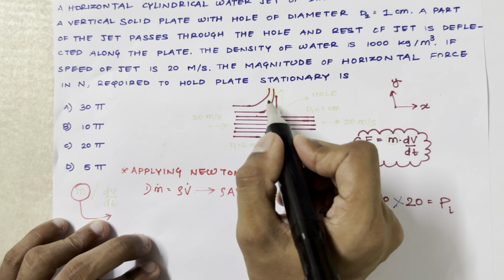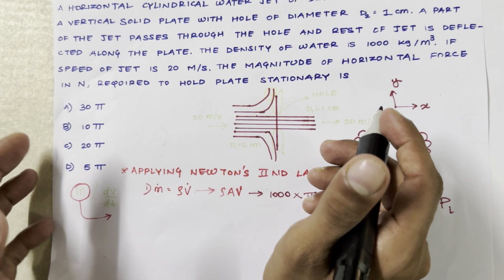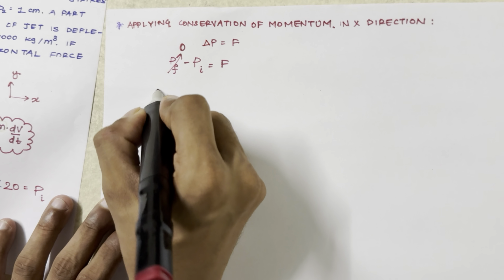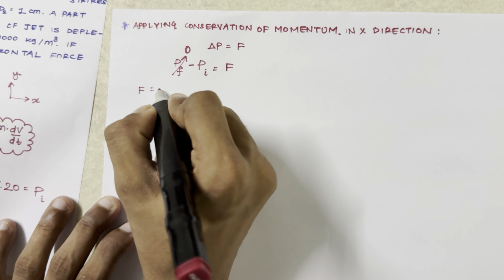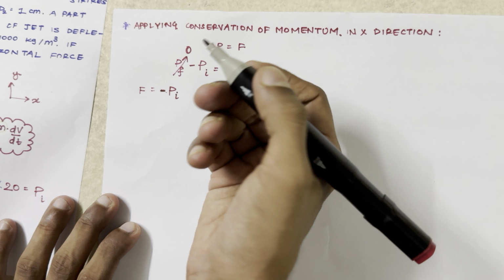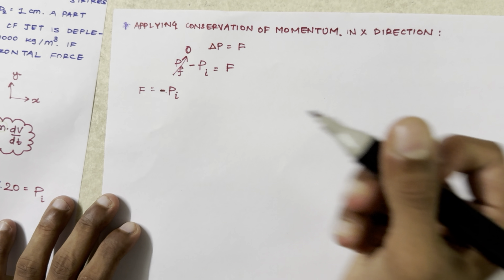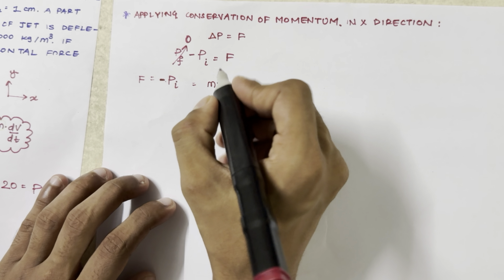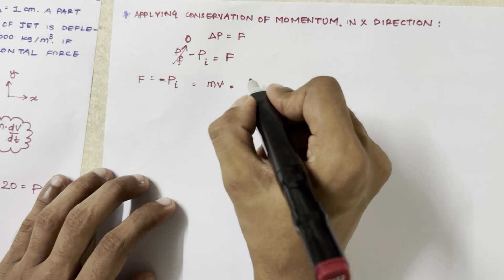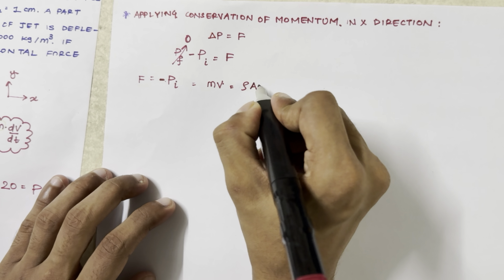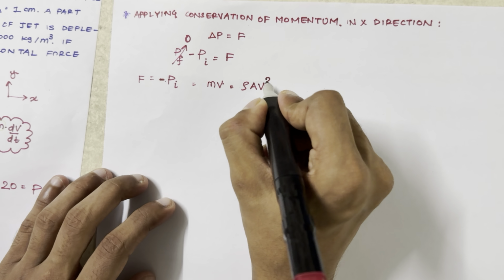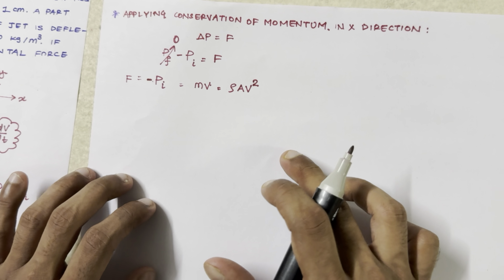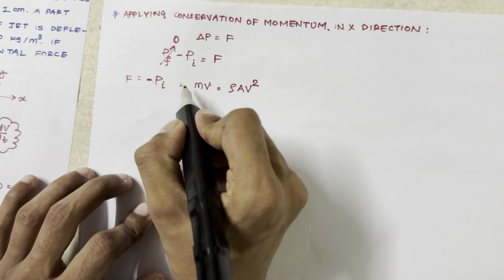So F is equal to minus p initial, and this initial momentum can be defined as m into v. This m can be written as density into volume, so rho A v, and with v one more time, it will be rho A v squared. This is the expression of our initial momentum, with a minus sign.